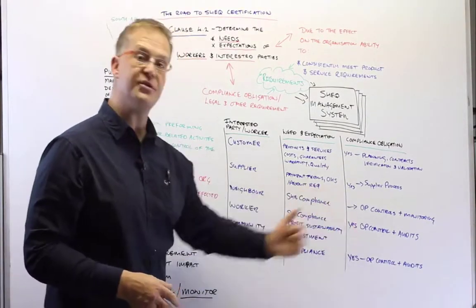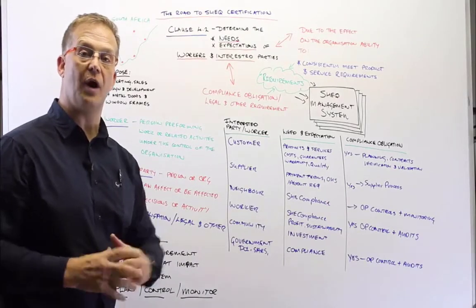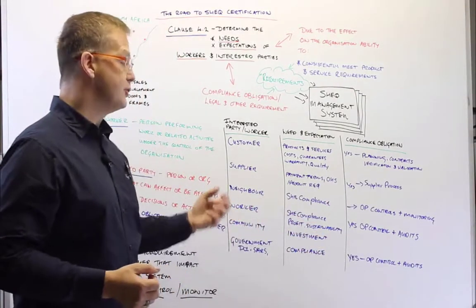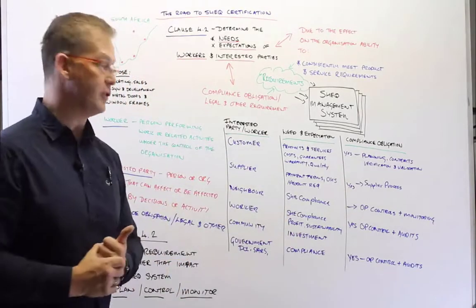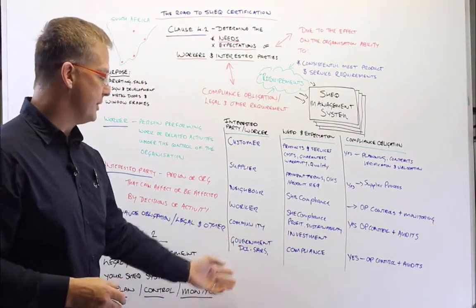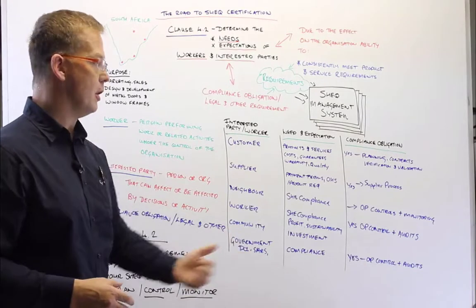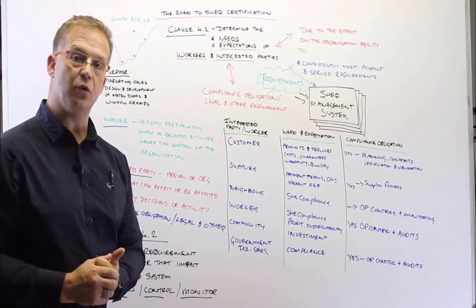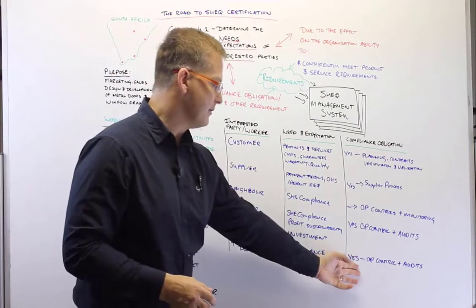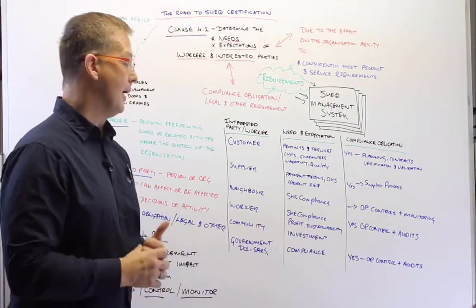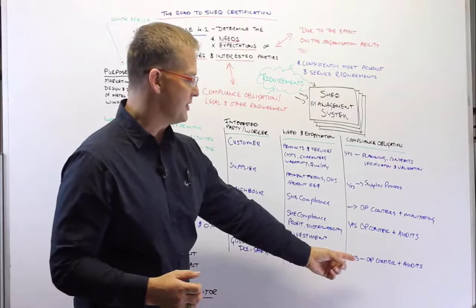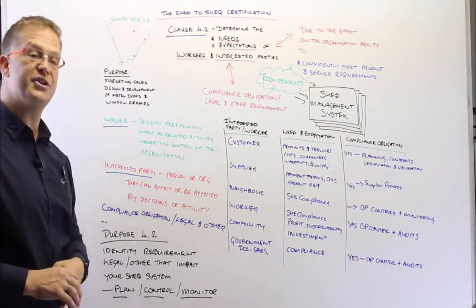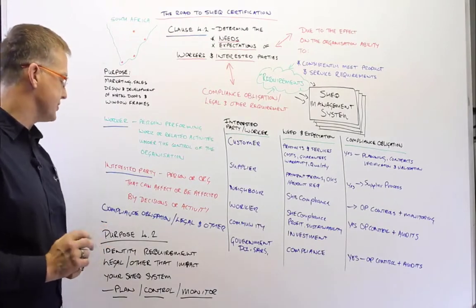Yes, a lot of those things are going to become legal and other requirements because we need to comply with the legal requirements to adhere to the South African regulatory framework. The government, the Department of Labor, SARS, as an example, are all interested in the compliance of our organization. Many of those things would become compliance obligations and things that we're going to control through our operational control processes and our audits.